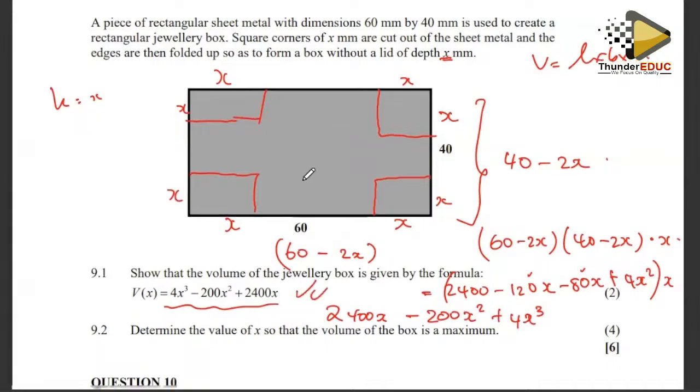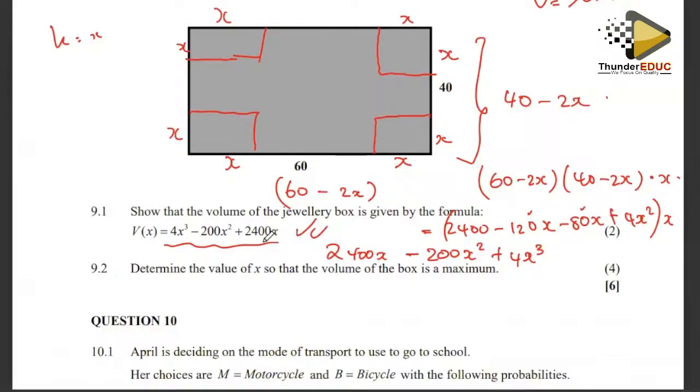Perfect. And then determine the value of x so that the volume is maximum. We need to find the derivative. So it's 2400 minus 400x plus 12x squared is equal to 0. We can do the substitution into the calculator because factorizing this is going to be a bit hectic.